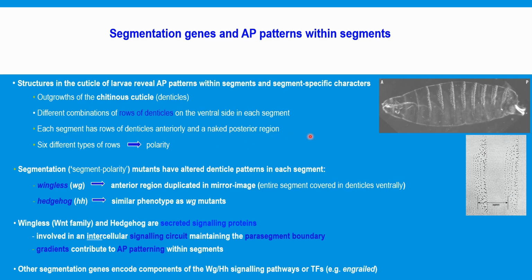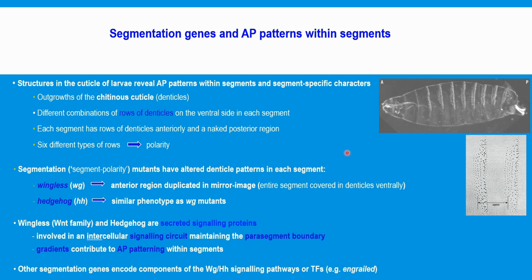Each segment has these rows of denticles anteriorly in the segment, and then naked in the posterior region of the segment. And in fact, if we look at this, there are 6 different types of rows of denticles. So there's an anterior-posterior polarity even within this segment.